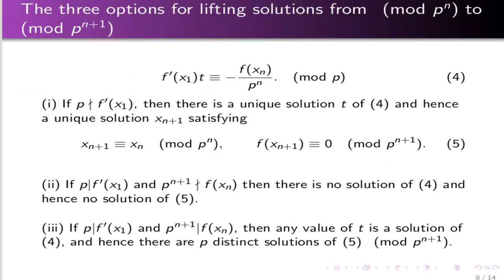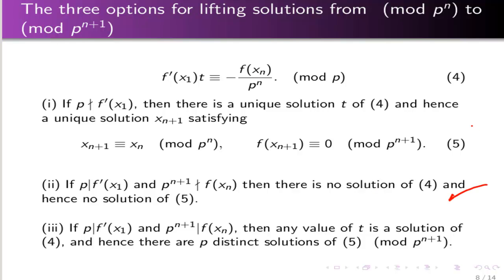And so again, we've got the three options. If p is not a divisor of f prime of x1, we get a unique solution, and so a unique lifting. If p divides f prime and p to the n plus 1 does not divide f of xn, then you would have 0 congruent to a non-zero number. It's inconsistent, and so there's no lifting.